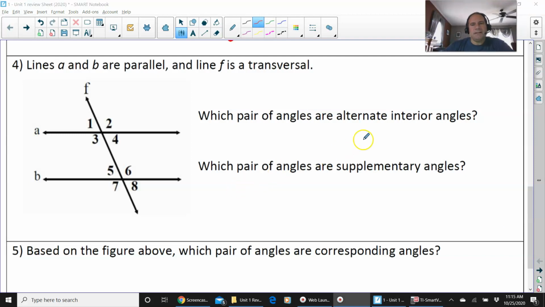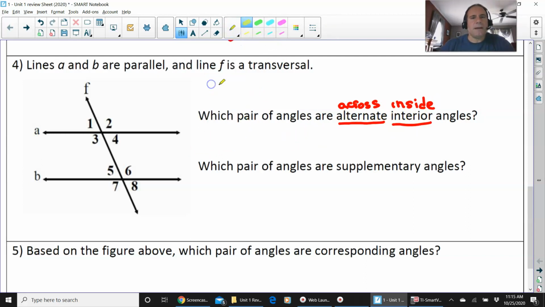So alternate interior angles. Alternate means across from. Interior means inside. All right, across from and inside the parallel lines.